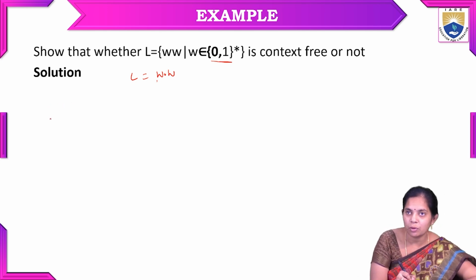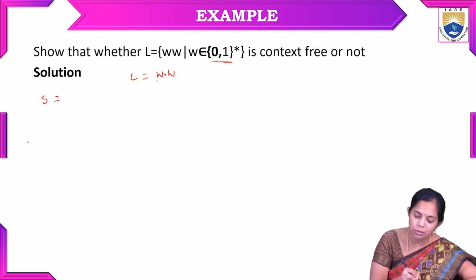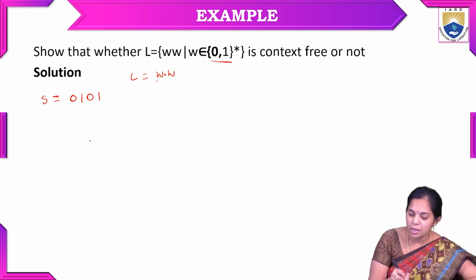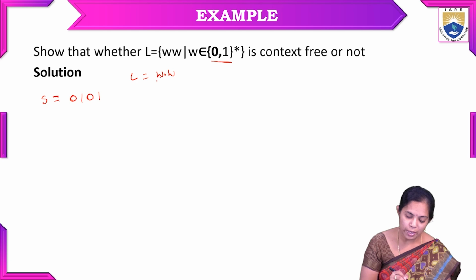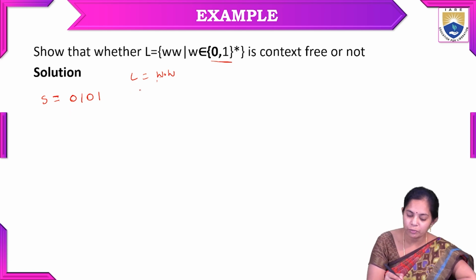How do we form this? The first step is to form a string. S is equal to w, a combination of 0 and 1, followed by another 0, 1. If you observe, 0 1 0 1 is a combination of two words.